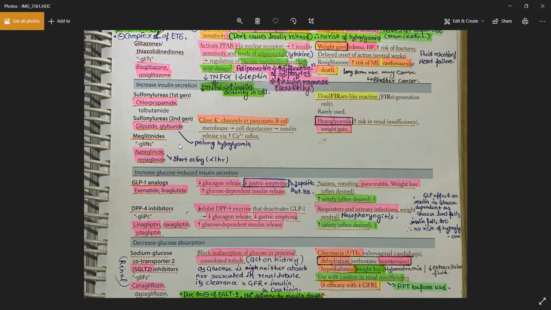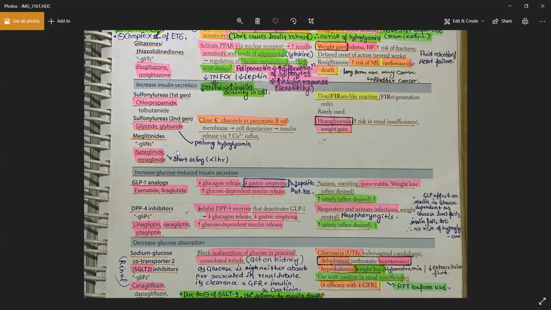Then after stopping the therapy for this hypoglycemia, the patient again develops hypoglycemia within the hospital. When you stop the glucose infusion, the patient again develops hypoglycemia, and it happens for like 7 to 8 hours. That means it is a case of glipizide and glyburide.